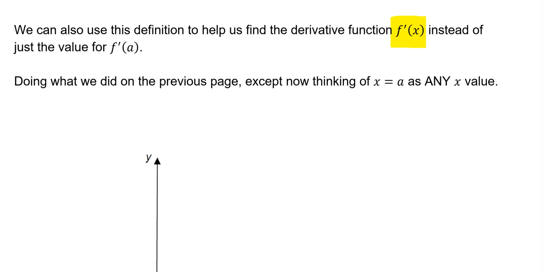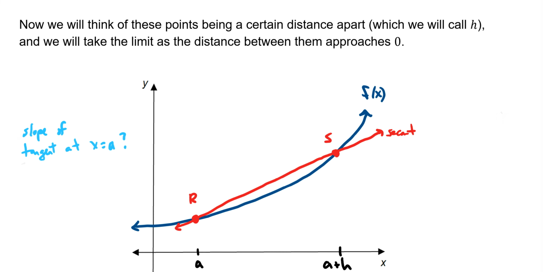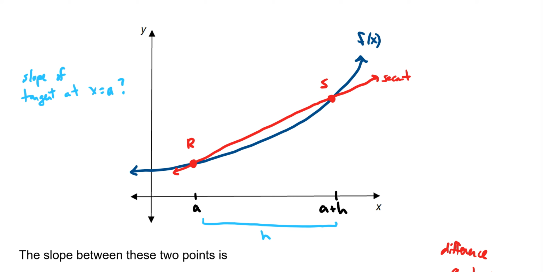So going back to this previous page, just so I don't have to redraw the whole thing, let's think about this point not as a fixed point a, which represents a fixed number, but as any number, as a variable x. So if this is x, then this point would be x plus h.